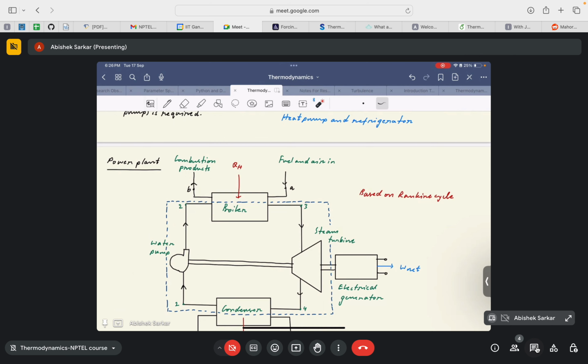Most of the electricity is produced by these thermal power plants or nuclear power plants. Since it plays a crucial role in energy production for our country, we need to know about its working, right? And this works on the basis of a direct heat engine.